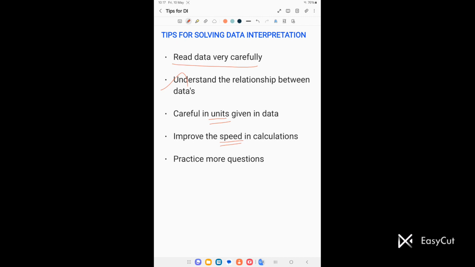The question data will be common, followed by which the 5 questions will be given. If we spend more time in calculating, more time in solving the sums in data interpretation, then it will affect the remaining part of the examination. Sometimes we may run short of time. So we have to improve the calculation speed.